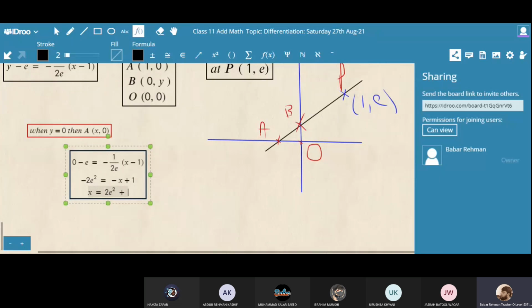Now I have the coordinate of x, so I can write over here 2e square plus 1, comma 0. These are the coordinates of A.